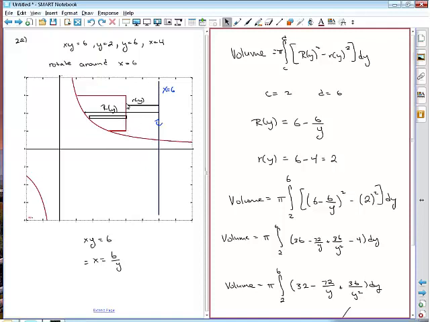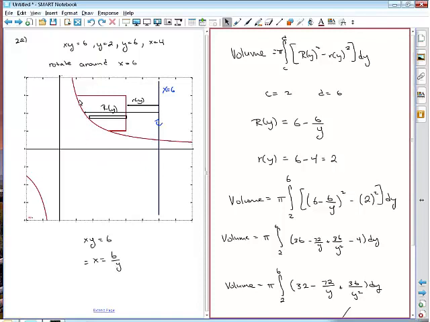I'm integrating with respect to y, and I'm using the washer method. So I drew these two arrows to show that this would be the outside radius of the surface of revolution. This would be the inside radius, which is constant. R of y is going to be this distance, which is defined by the red curve, where x as a function of y is x equals 6 over y.